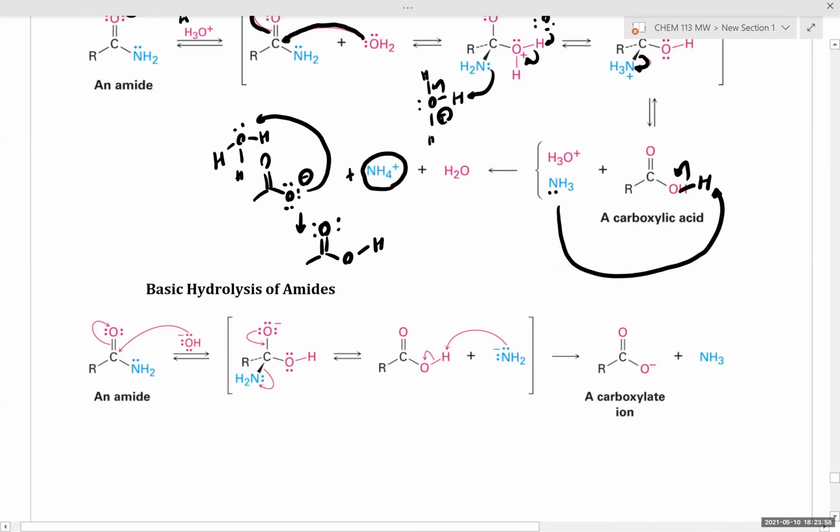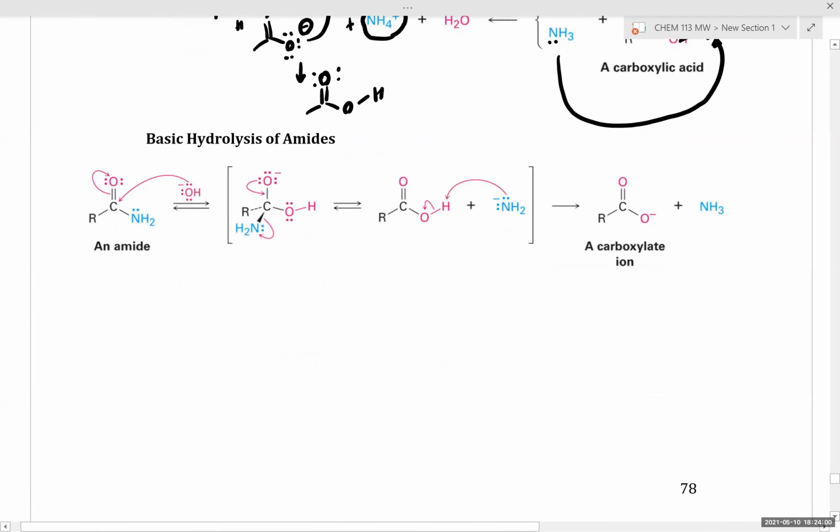Okay, so let's look at amide hydrolysis under basic conditions. In this case, our nucleophile, which is hydroxide, attacks the amide carbonyl carbon. From here, our tetrahedral intermediate collapses and we kick out the amide anion. From here, the amide anion abstracts a proton and we get our carboxylate ion product.